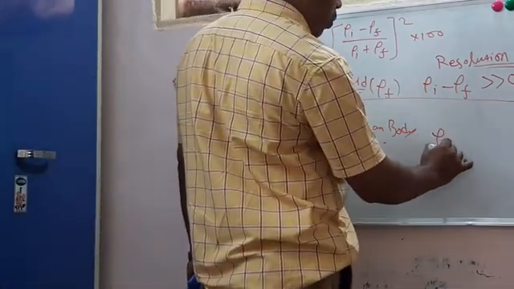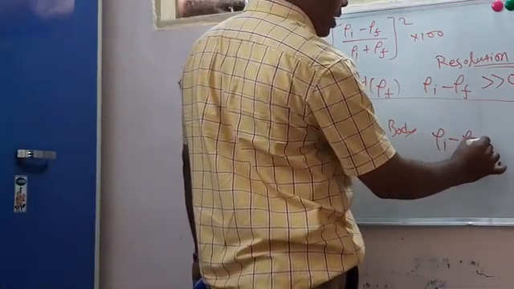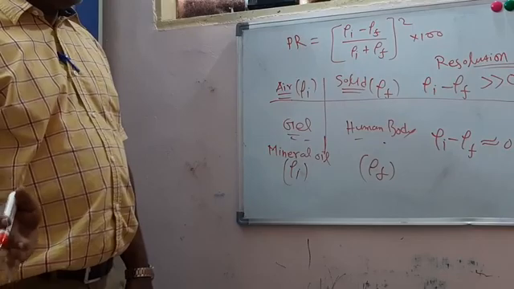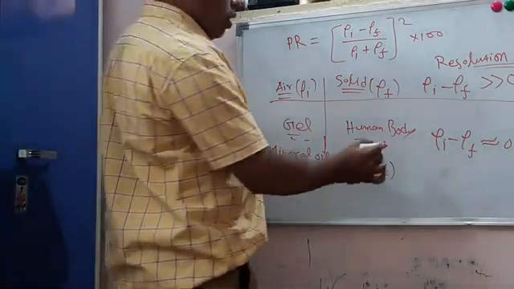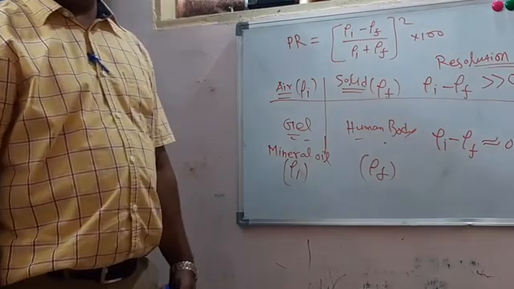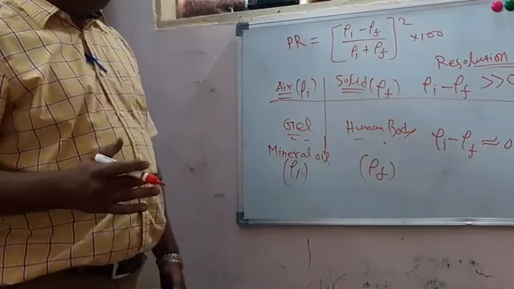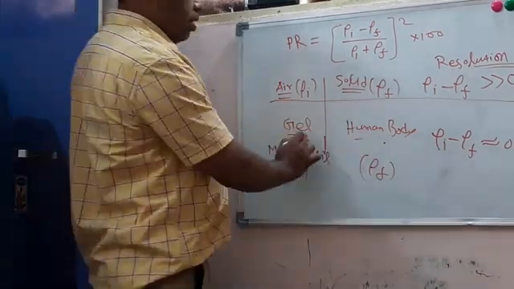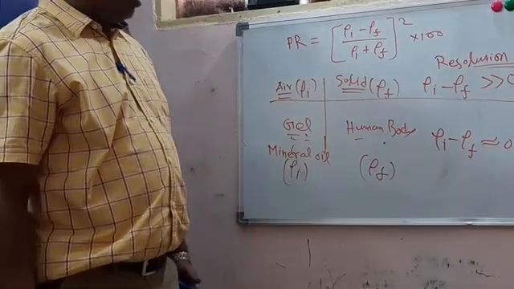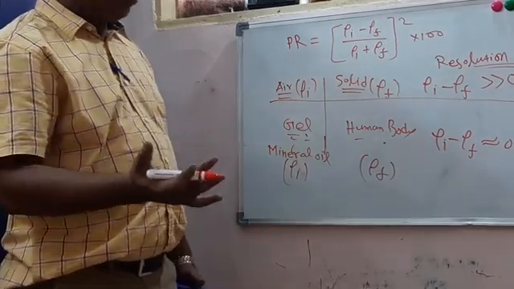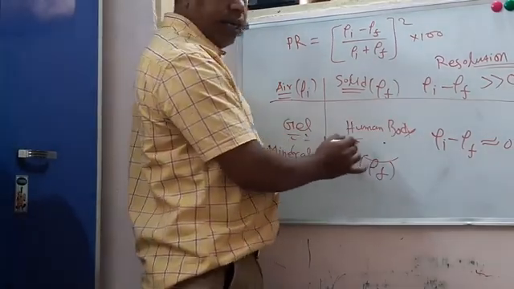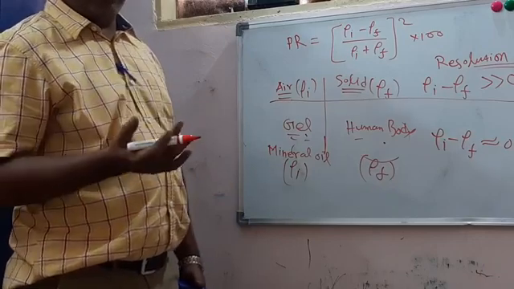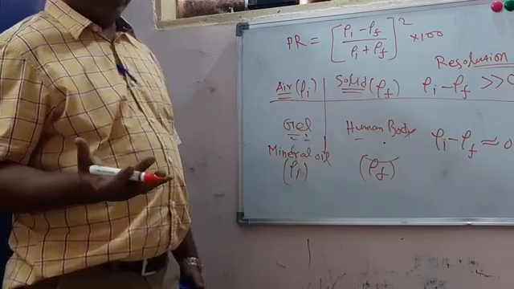So the difference, rho I minus rho F, is almost equal to 0, very small. So in this condition, most of the ultrasonic sound energy will pass from gel to the human body. In this way, more ultrasonic sound passes through the human body to the target place, it may be spleen, liver, heart, human brain, or fetus.